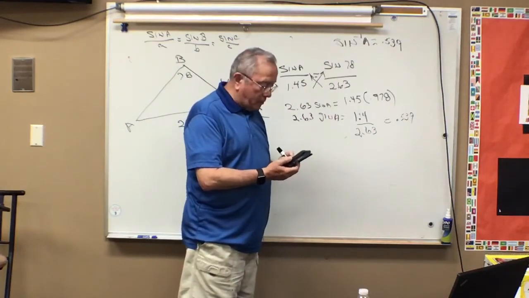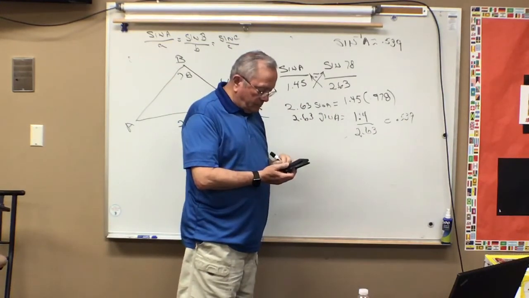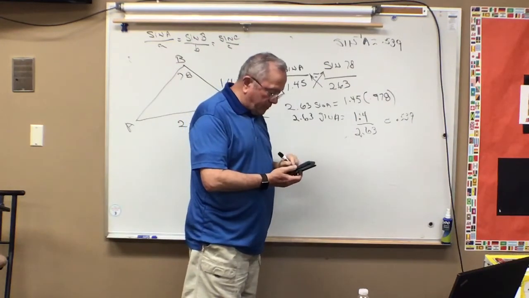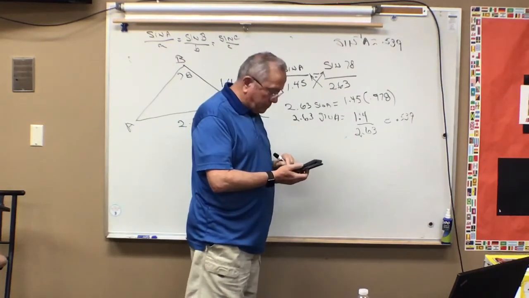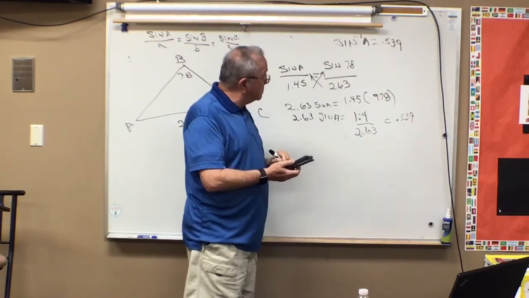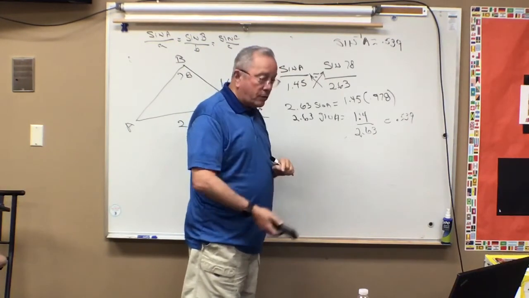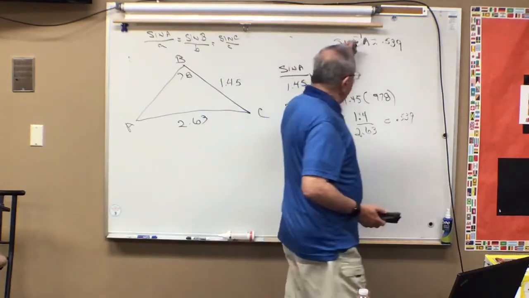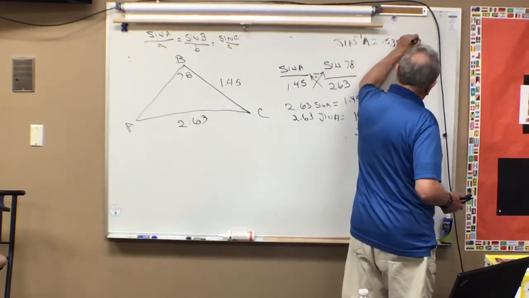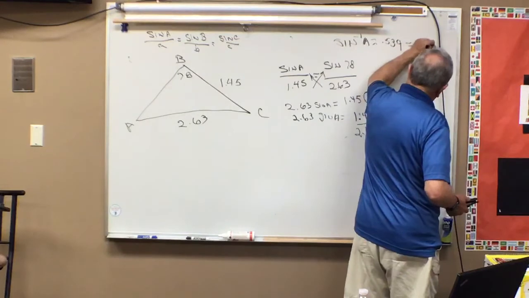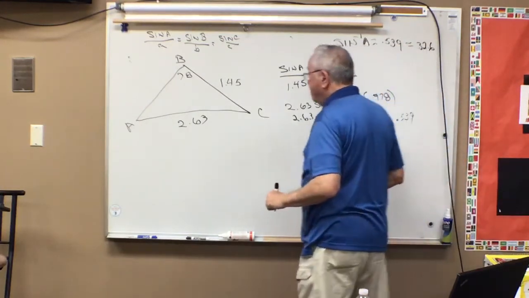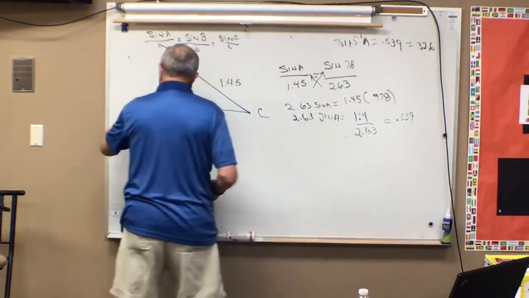So I go shift, sine, 0.539, and it's 32.6. So A is 32.6.